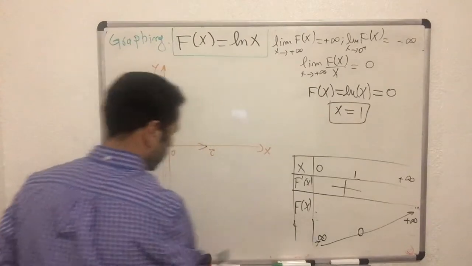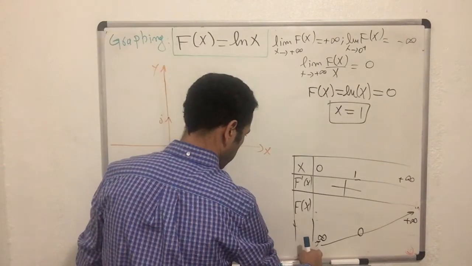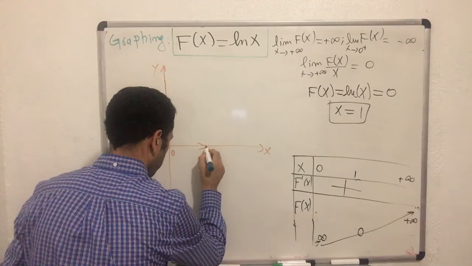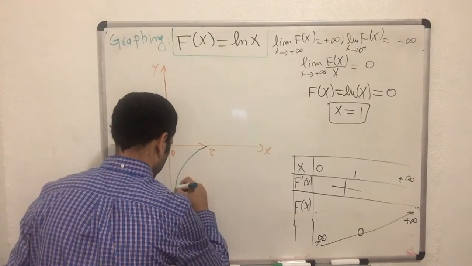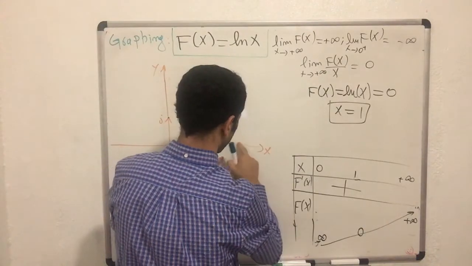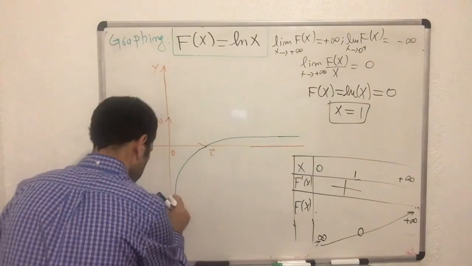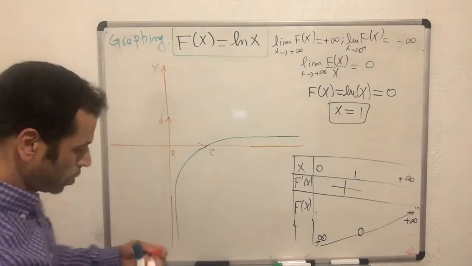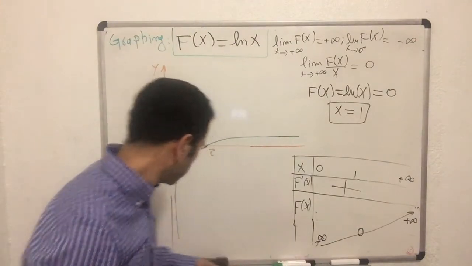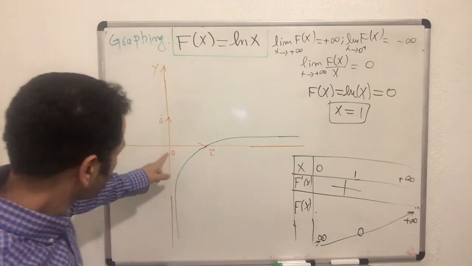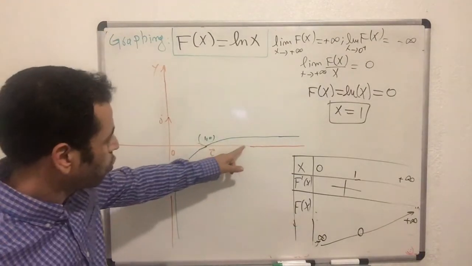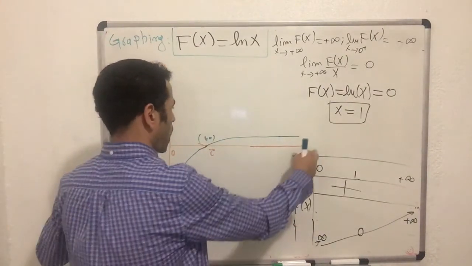So the function is coming from minus infinity, coming up to cross this horizontal axis at the point (1, 0), and keeps going towards this horizontal axis as an asymptote.